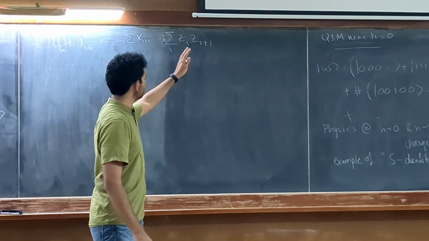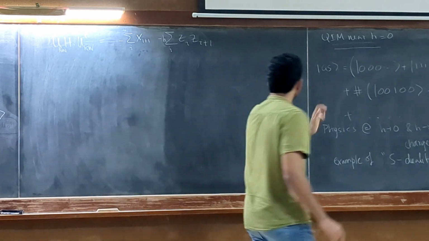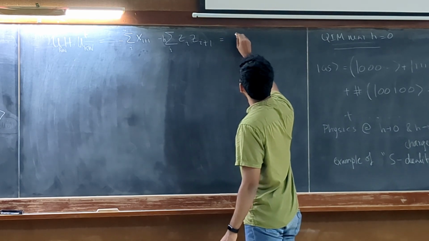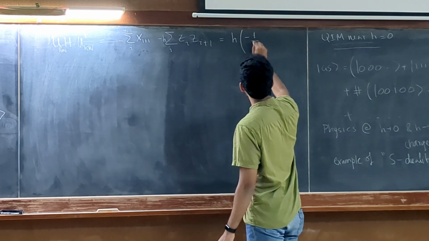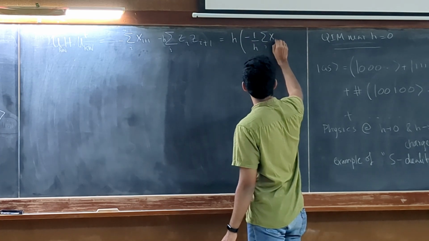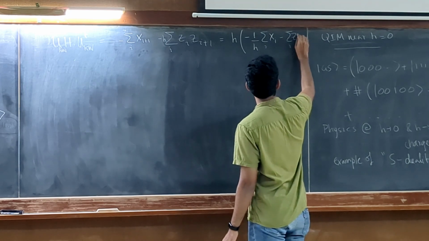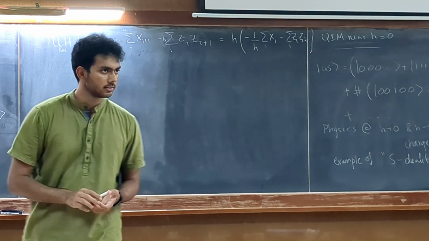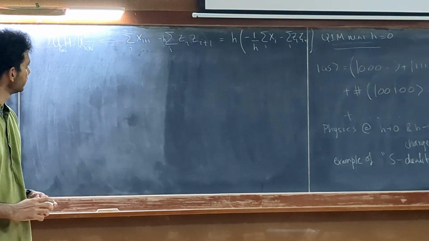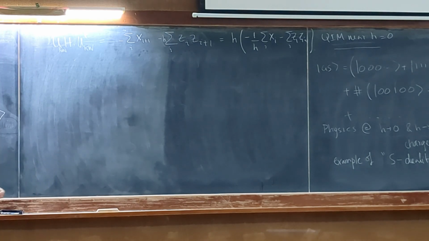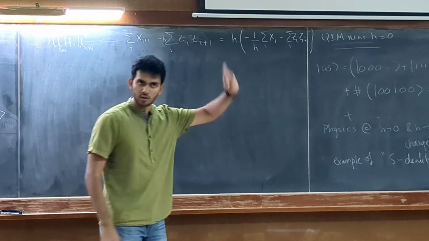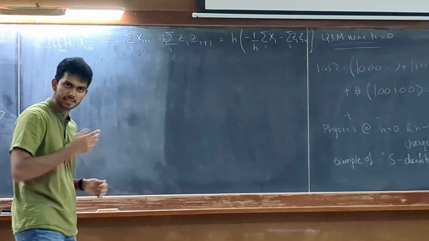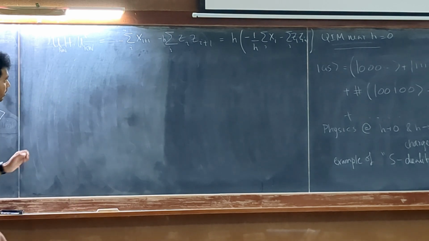And it was X_i here, which maps to Z_i Z_{i+1}. So this is equal to h times that last step here. If we ignore an overall constant in the Hamiltonian, which doesn't change the ground state, nature of excitation, etc., it only scales all the eigenvalues, which we don't really care about.